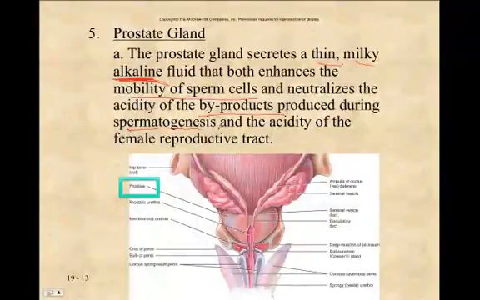Some of those byproducts can be a little acidic, and this prostate fluid helps to neutralize that. It also helps to neutralize the acidity of the female reproductive tract, because the female reproductive tract is very acidic. Those are some of the main substances produced by the prostate gland. This chestnut-shaped organ right here is the prostate gland.